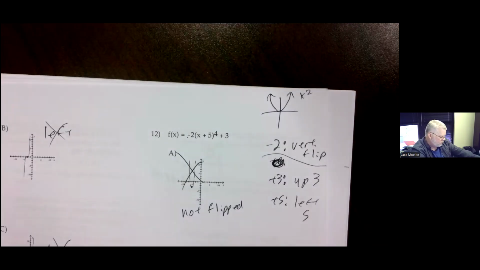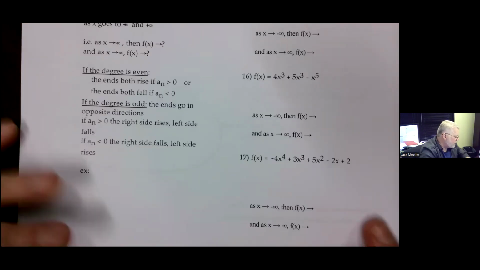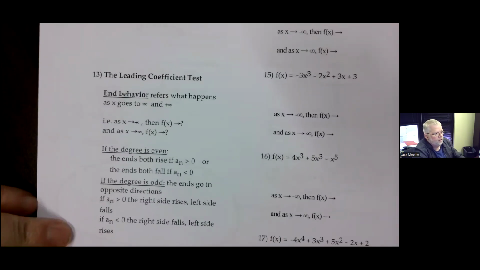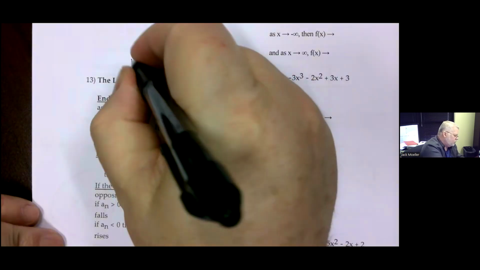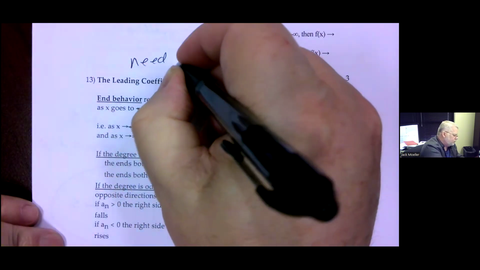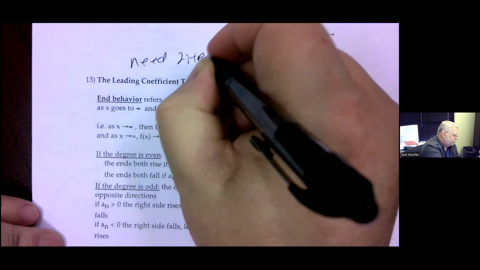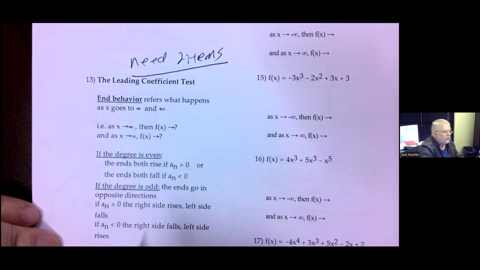Good. So now let's more formally talk about it. All right, so we have what we call the leading coefficient test. For the leading coefficient test, you need 2 items. So what 2 items do you need?